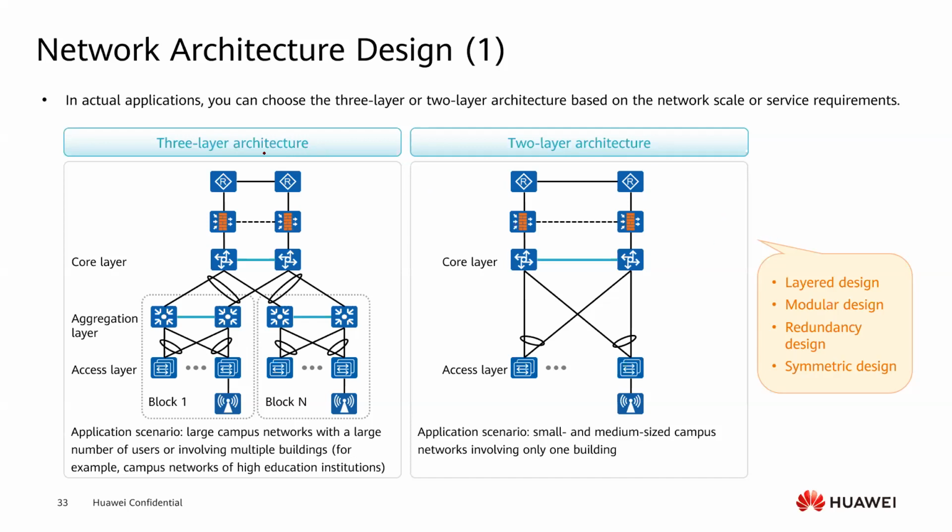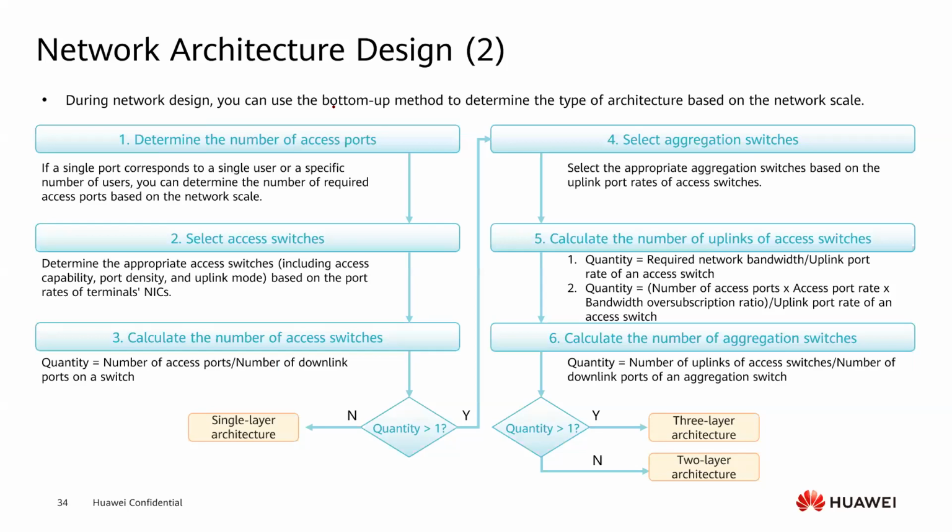You need to think about 3 or 2 layers, which depends on the buildings you have and the size of the campus network you want to establish. And you can base on this process to calculate whether you use a 3-layer or 2-layer architecture.